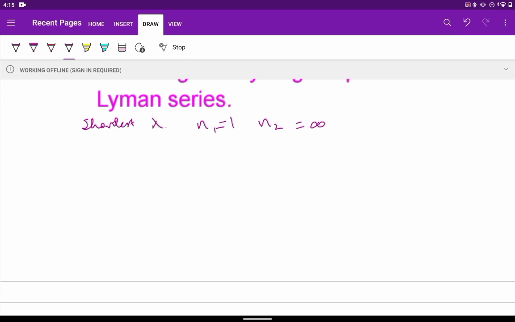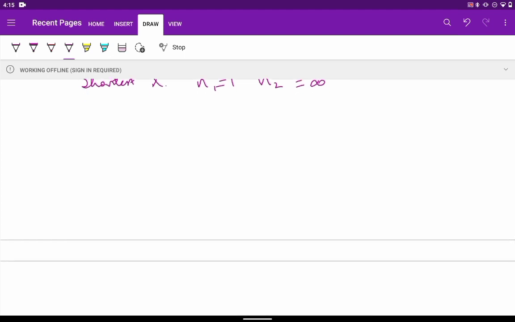So shortest wavelength. Now we will use this formula 1 by lambda equal to R into 1 by n1 square minus 1 by n2 square. I have discussed this in the previous video of atomic structure. Please go through that. 1 by 1 square minus 1 by infinite square. So this will be equal to R.